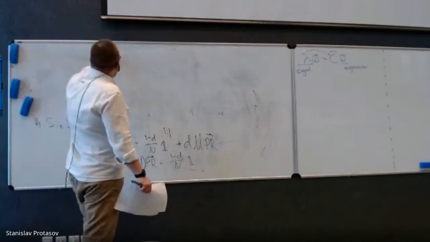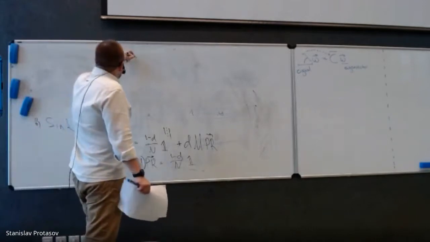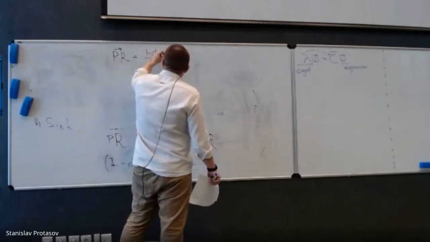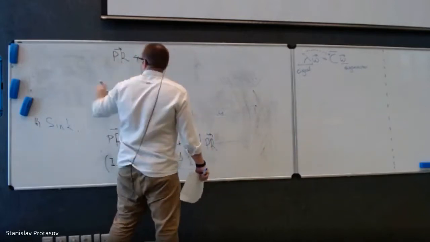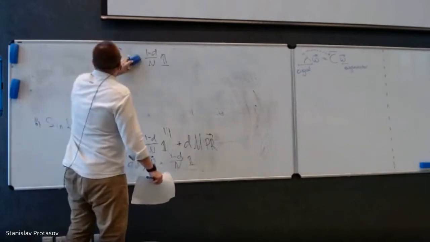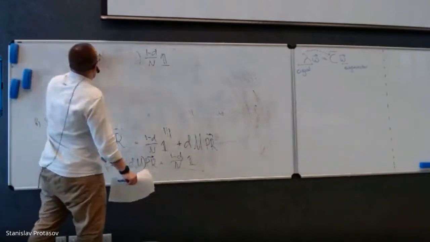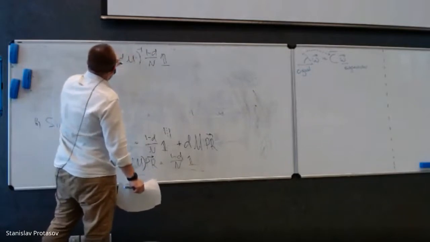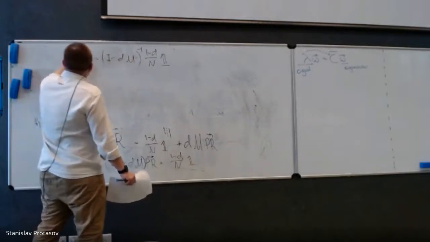If we multiply it by this inverse, we will get what? PageRank equals 1 minus d divided by n, 1. And of course, I forgot a big bracket. I minus dM, inverse. So wow, almost done.